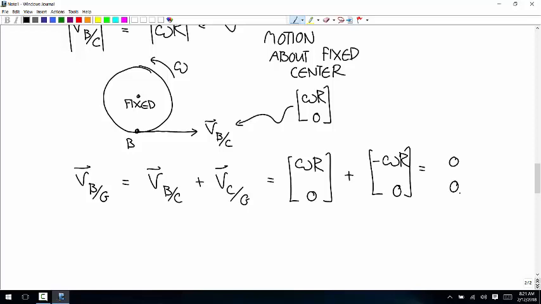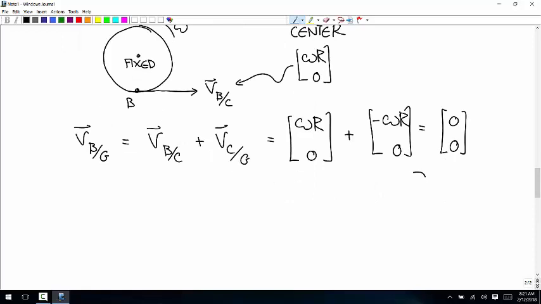And so the velocity of the bottom is 0, 0. And that's only at that one point. Only at that one point, yep.